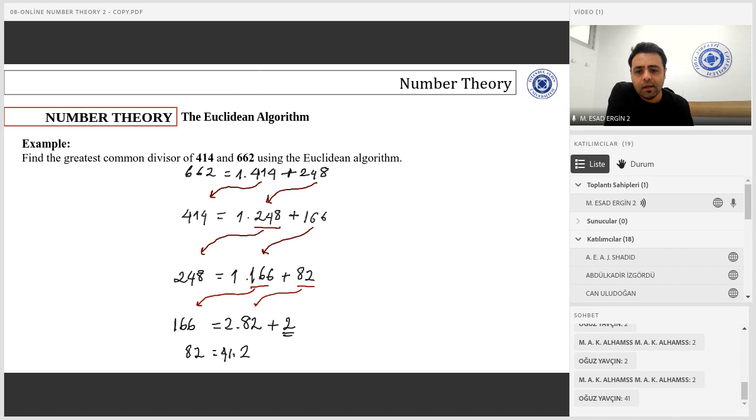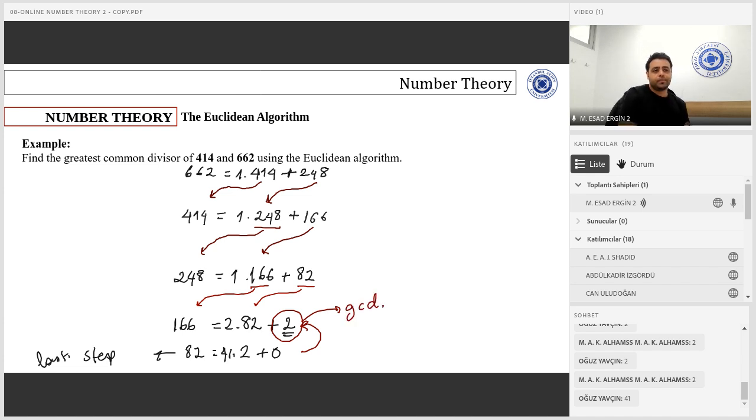It's 41 plus 0. This is our last step. And we check the step before the last step, which is 2. And this is our greatest common divisor. Okay? I guess you understood the idea. If you have any question, please do not hesitate to ask.